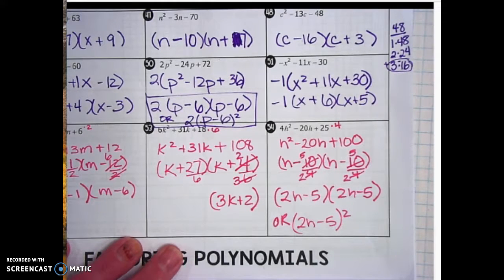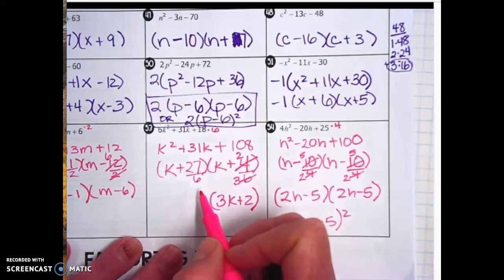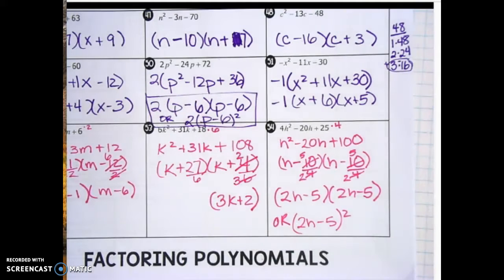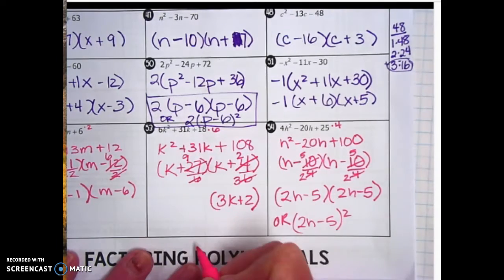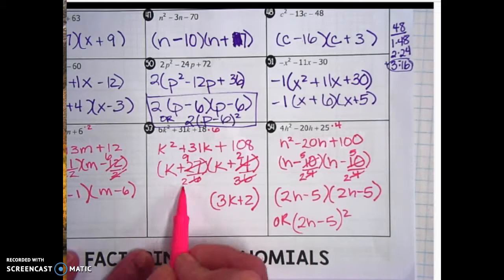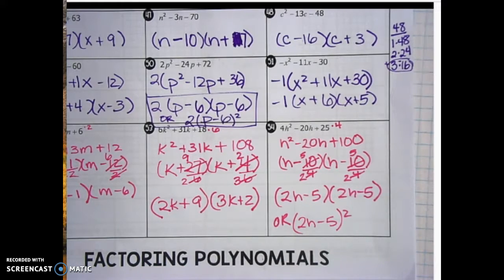That's one of our binomials that has a leading coefficient. And 27 and 6, it doesn't look like they can reduce, but they can. They're both divisible by 3. So 3 goes into 27 9 times, and 3 goes into 6 twice. So I need to slide that 2. So I have 2k plus 9.